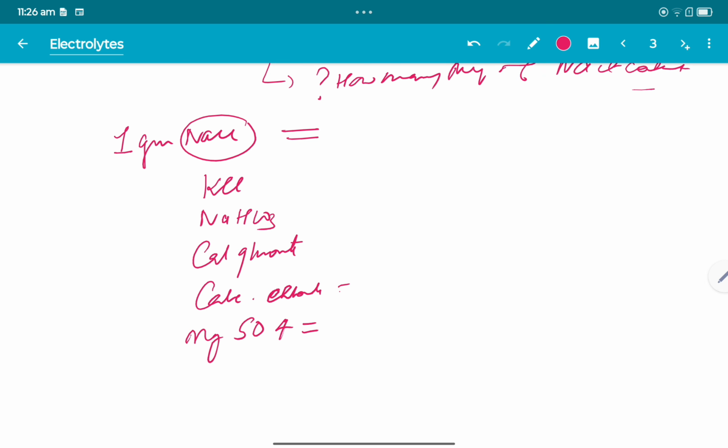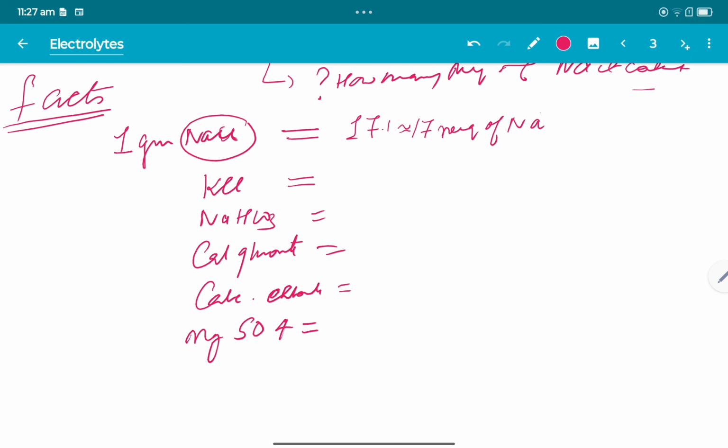So 1 gram of salt contains how many milliequivalents of cation and anion. These are facts that you should learn. Okay, so it comes according to the atomic number of the salt. 1 gram of NaCl has 17.1, or you can approximately take it as 17 milliequivalent of sodium and 17.1 milliequivalent of chloride.